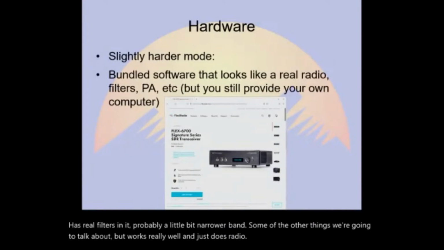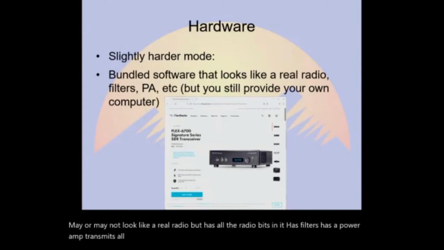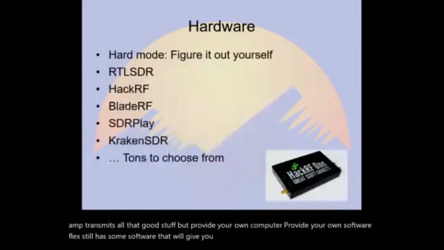Slightly harder, you can get something from Flex that may or may not look like a real radio, but has all the radio bits in it, has filters, has a power amp, transmits, all that good stuff. But provide your own computer, provide your own software. Flex still has some software they'll give you, which makes it a bit easier.